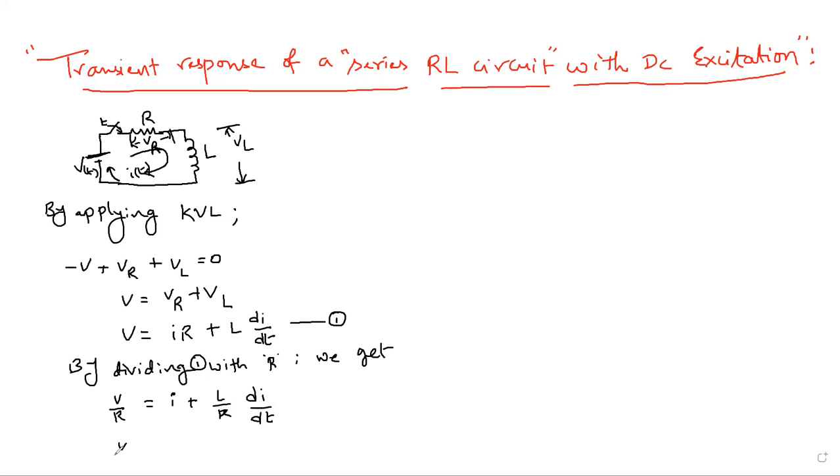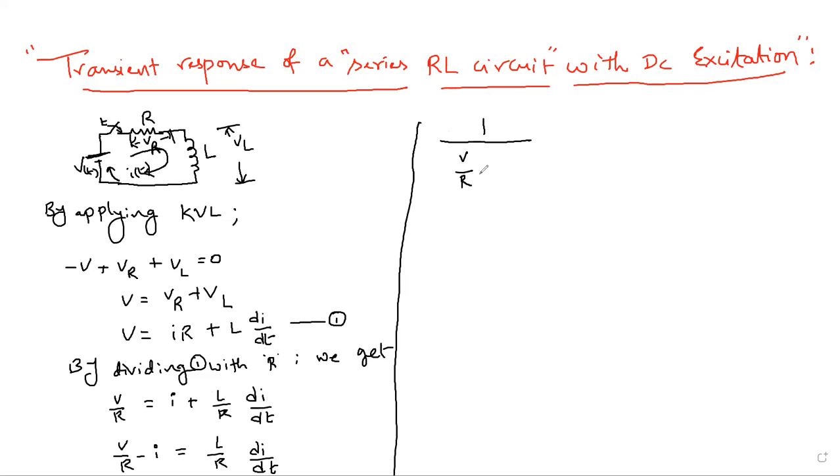Now shall I write like this? V by R minus I equals L by R dI by dt. Now I am taking both the LHS and RHS as reciprocals, nothing but cross multiplication.